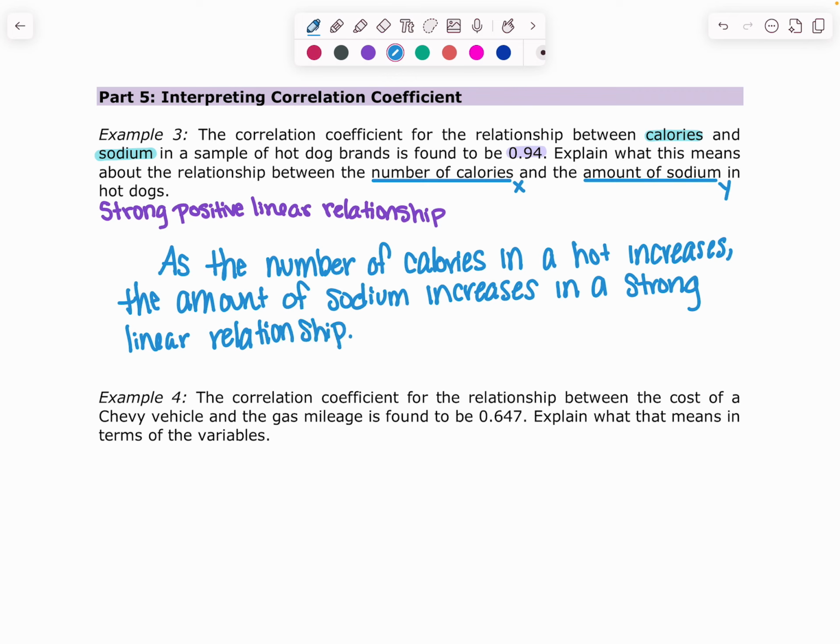So all I've done is taken the information and the fact that 0.94 means we have a strong positive relationship, and I've taken that and put it in a single sentence to summarize it.